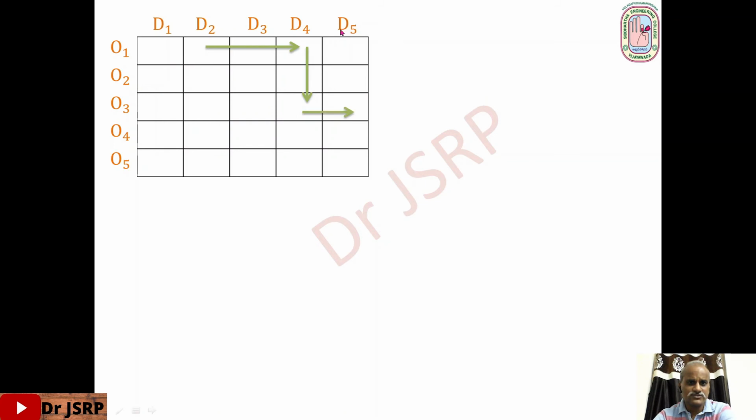From here, move to the 3, 5 cell. From here, move to the 5, 5 cell, fifth row, fifth column. From here, move to the 5, 2 cell. From here, move to the 1, 2 cell. So I have started at the 1, 2 cell and moved in this direction.